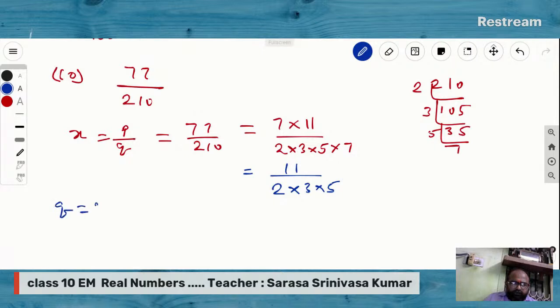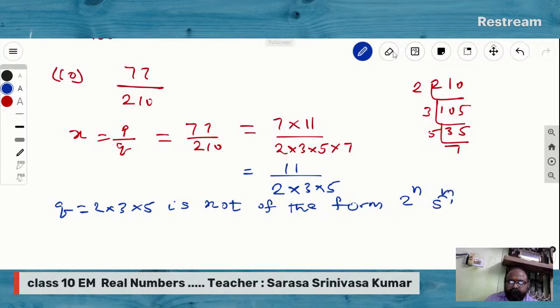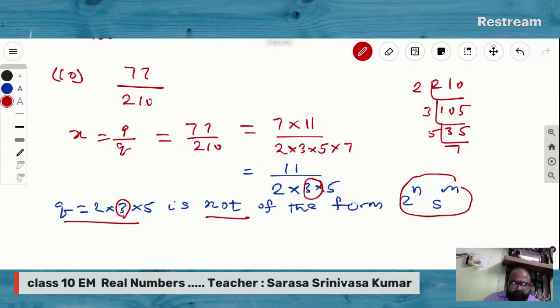So Q equal to 2 multiplied by 3 multiplied by 5 is not of the form 2 power n 5 power m. Why? Because there is 3 in the denominator. So it is not of the form 2 power n 5 power m.